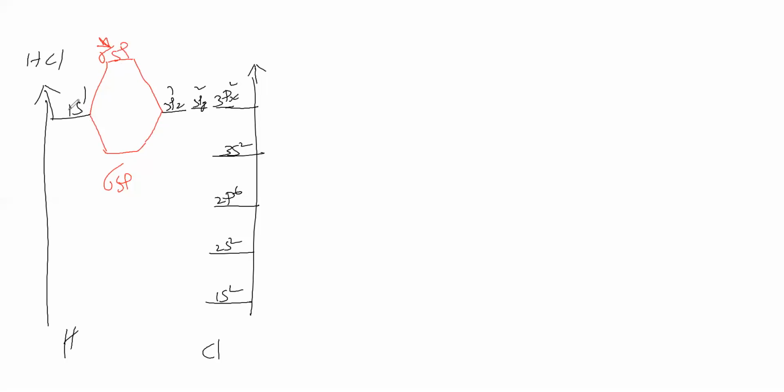Now this 1s has one electron, 3pz has one electron. Those two electrons go to sigma sp, and sigma star sp has zero electrons. So the configuration of HCl: 1s2, 2s2, 2p6, 3s2.